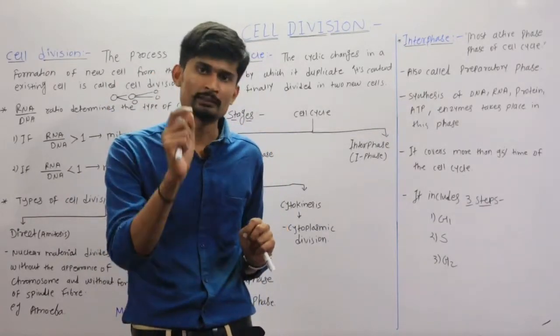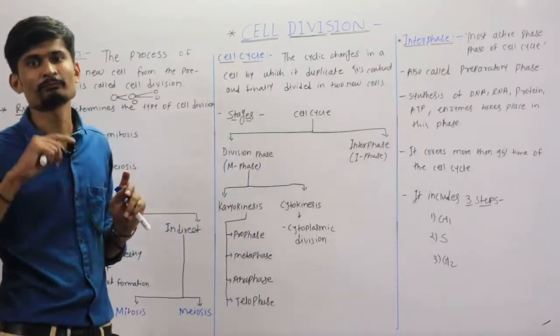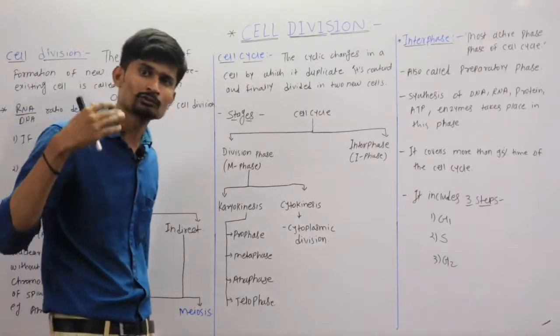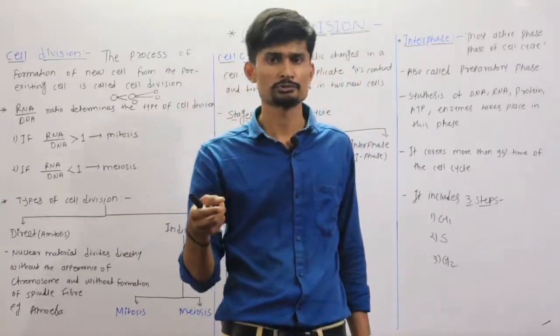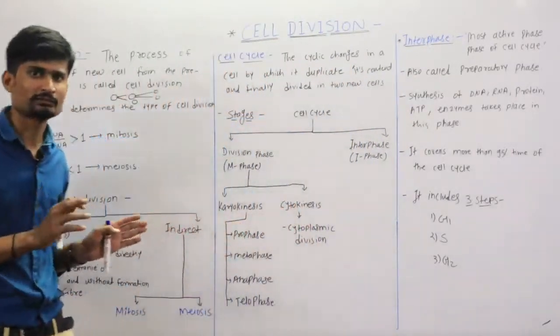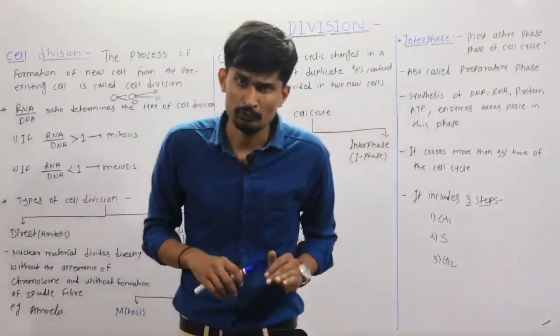Why? Because of cell division. Due to the cell division process there is a formation of the complete organism. One cell undergoes repeated mitotic divisions and produces different organs, different tissues and the complete body of the organism. So that's why this life process, cell division, is very important.